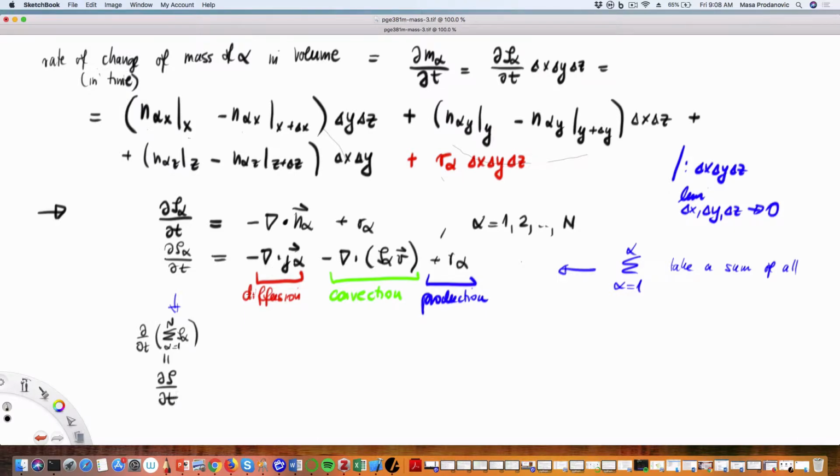Now the sum of divergence of all j is the same as divergence of the sum of j. Since all of these fluxes are defined relative to the movement of the phase, the sum of all of them is 0. If I had just two, JA plus JB would be 0. This is simply by definition of these fluxes.